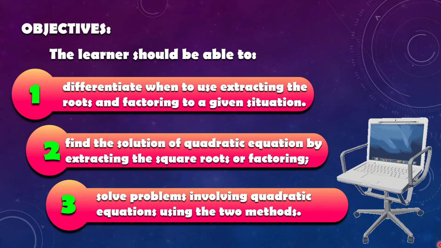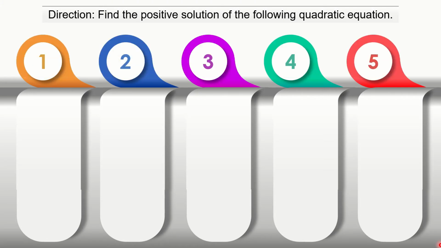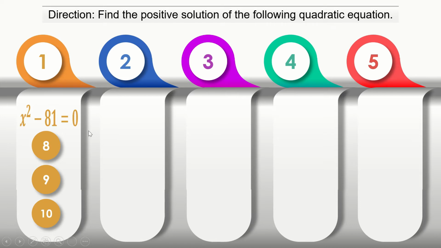Now, let us recall how to solve quadratic equation by extracting the square roots or factoring. Let us find the solution of the following quadratic equation. Let us have number 1. x squared minus 81 is equal to 0. It consists of quadratic term and constant term.